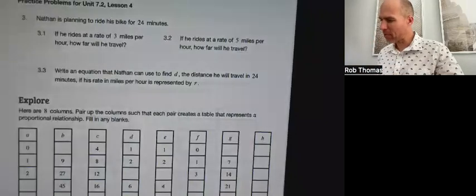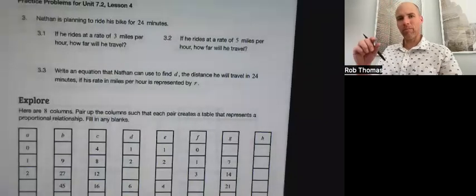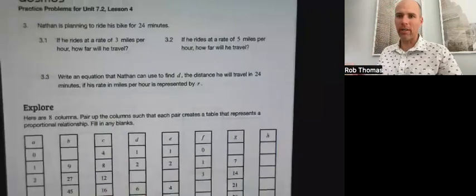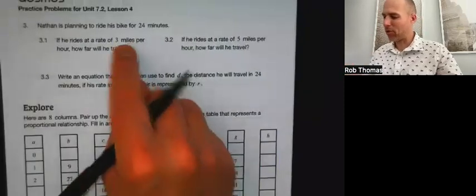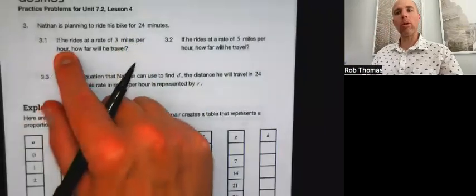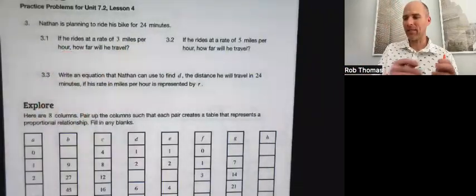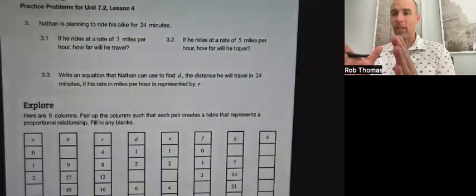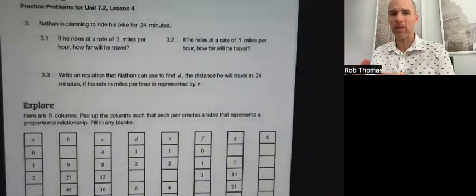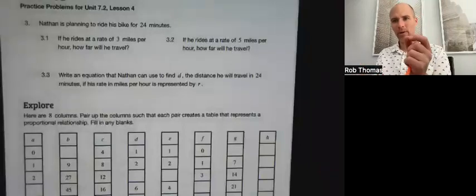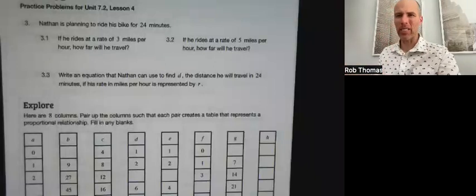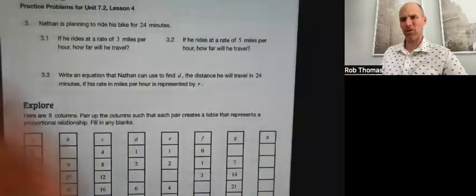Okay. Well, they're trying to throw us a little bit of a curveball here because our rate is in miles per hour. Now, if we want to multiply that by a time to get a distance using that thing we were just talking about, distance equals rate times time, all the units have to match up. You can't take miles per hour and times it by minutes and expect to get something right, because we can't do 3 times 24 and then say, oh, he's going to go 72 miles.